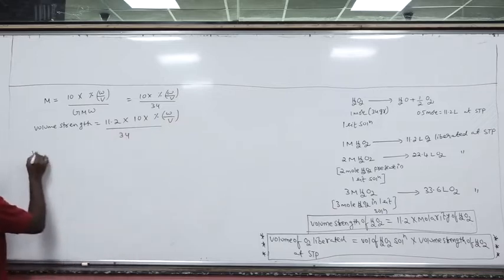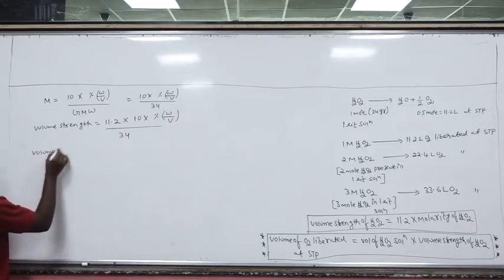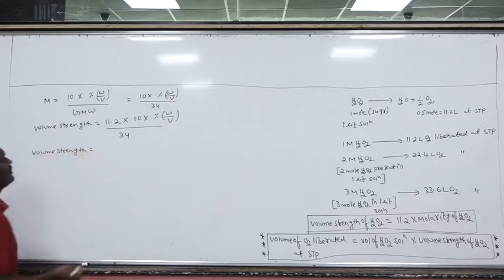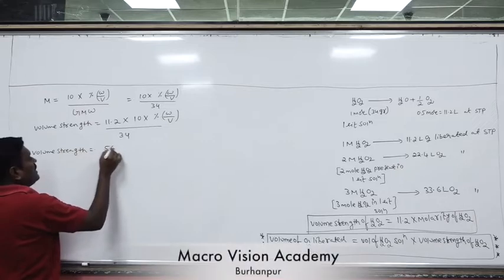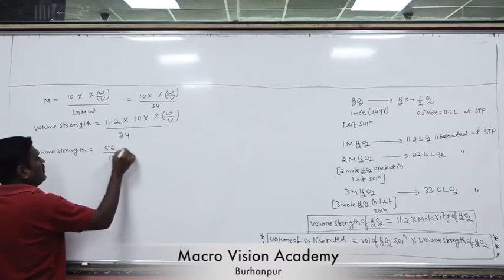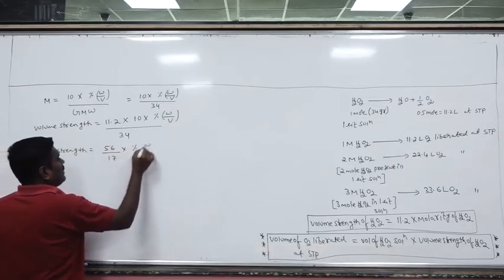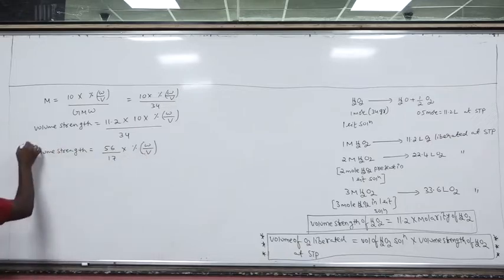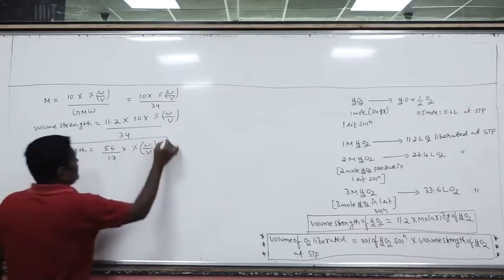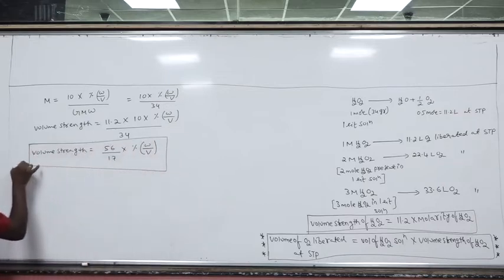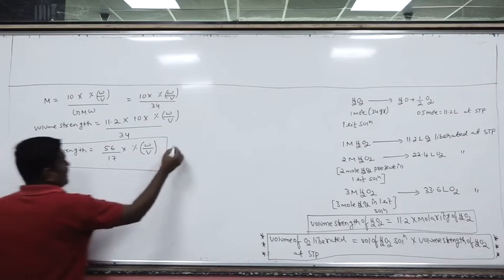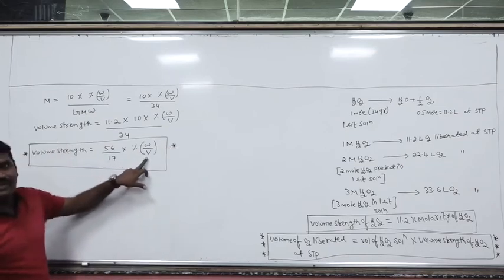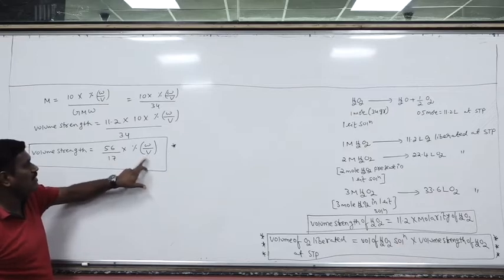So by simplification of this, volume strength is equal to 56 upon 17 multiplied by weight volume percentage of H2O2. So this is the relation between the volume strength of H2O2 and weight volume percentage of H2O2. So that means in 100 ml of a solution, how much of the weight of the solute is present?